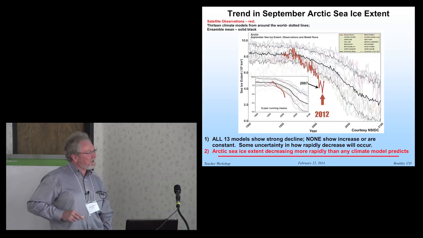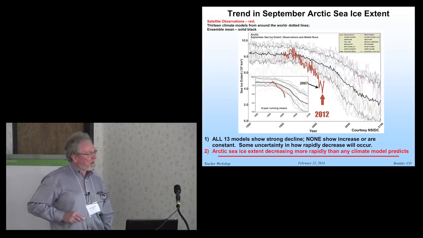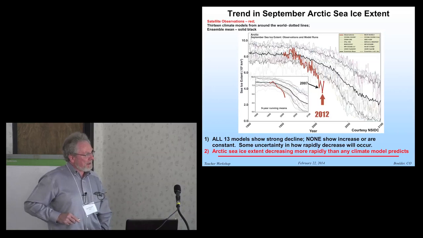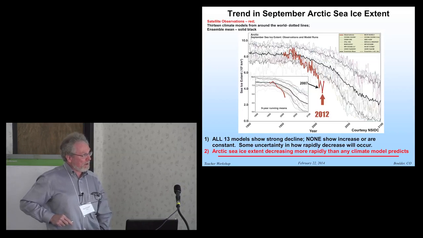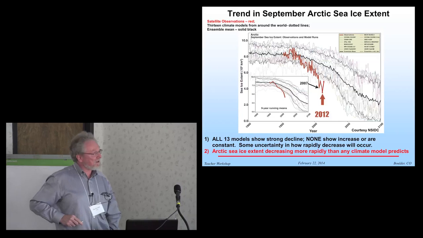We see that for about a decade or so, it was fairly constant, and then it started dropping off and dropping off. There's a lot of variability from year to year. 2007 here, very low. 2012, even lower. And last September, we actually rebounded a bit. But clearly, there's a very strong decrease in this areal sea ice extent.